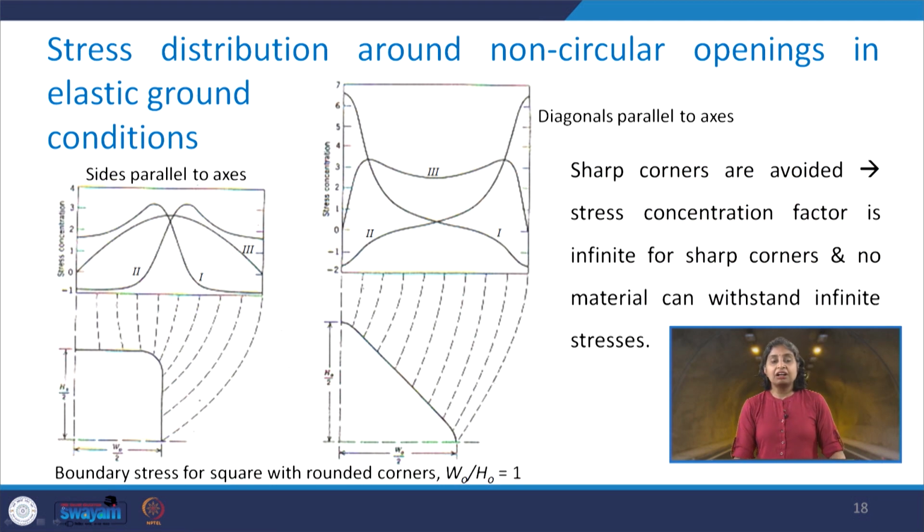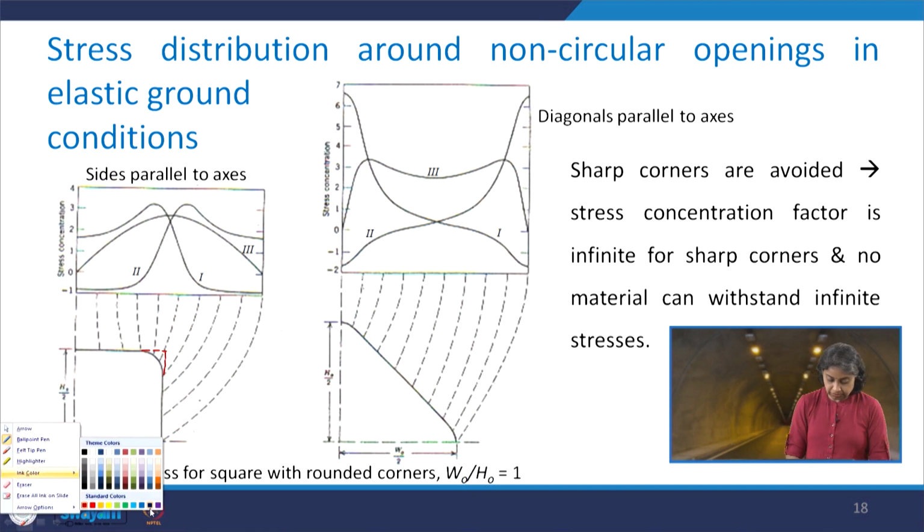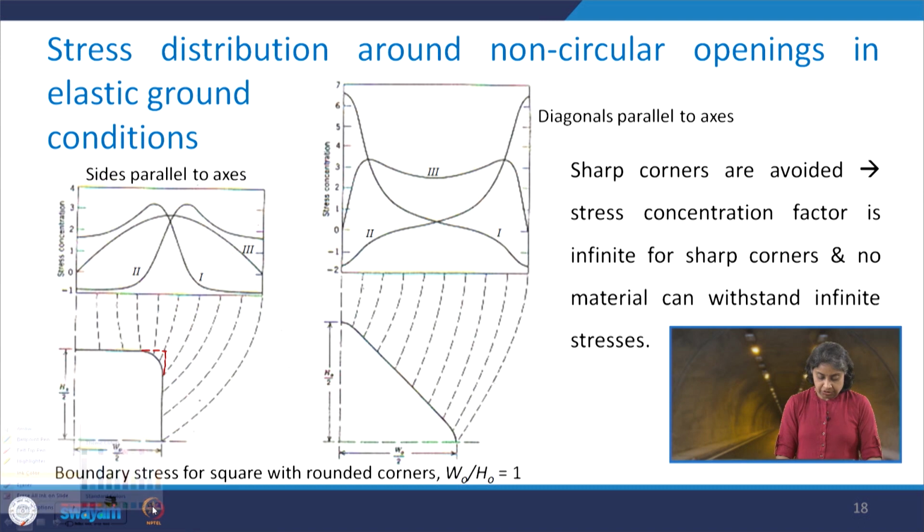So here, as I have been mentioning, we do not have sharp corners. For example, let us say if I have this type of situation, a very sharp corner, this situation is avoided.